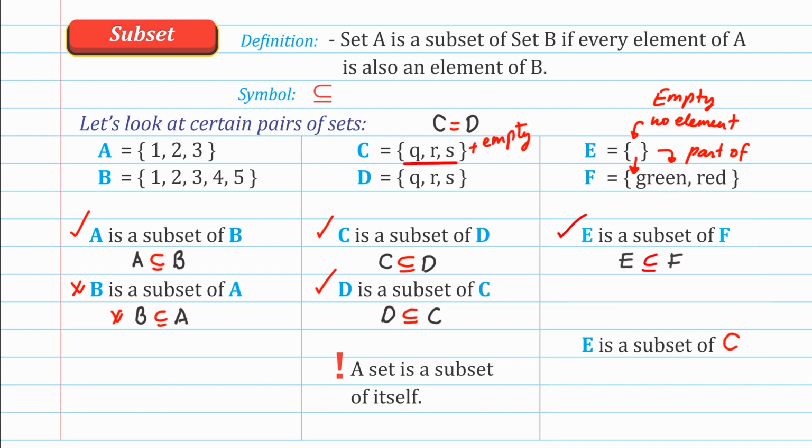We can deduce then that set E is part of set C all along. So, we can generalize then that the empty set is part of any set. Thus, the empty set is a subset of any set.